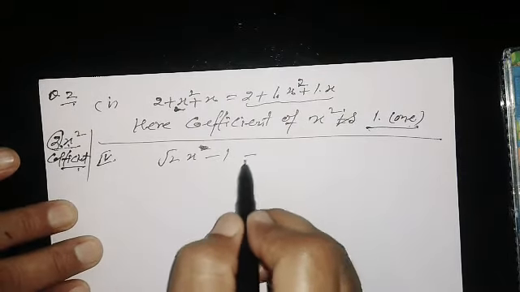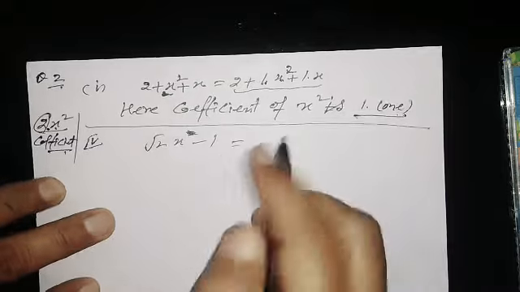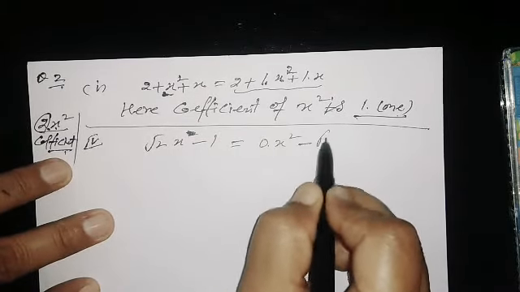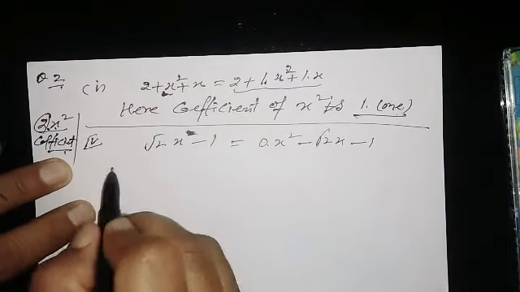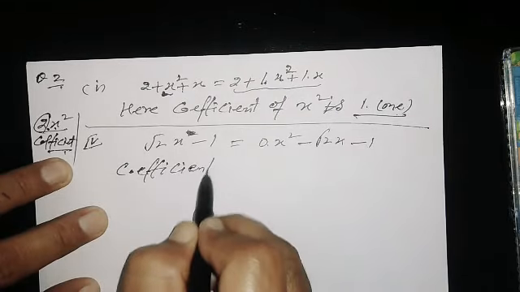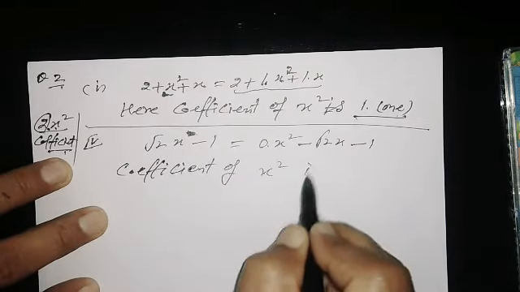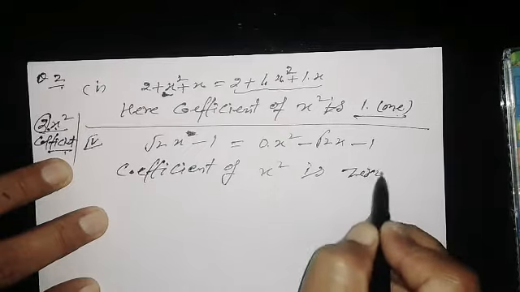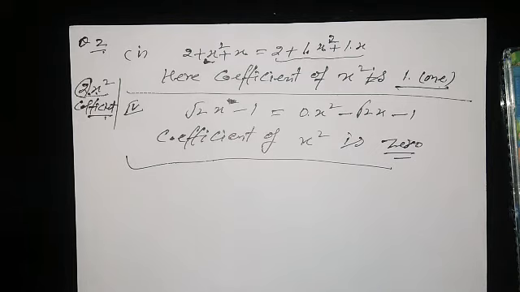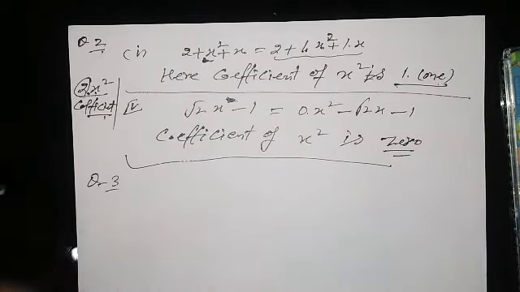As we see here, the term x square is not available, but we can make it as 0 into x square, root 2 into x minus 1, and so the coefficient of x square is 0. Clear? So if a term is absent, of which we have to find the coefficient, then its coefficient would be 0, always 0.